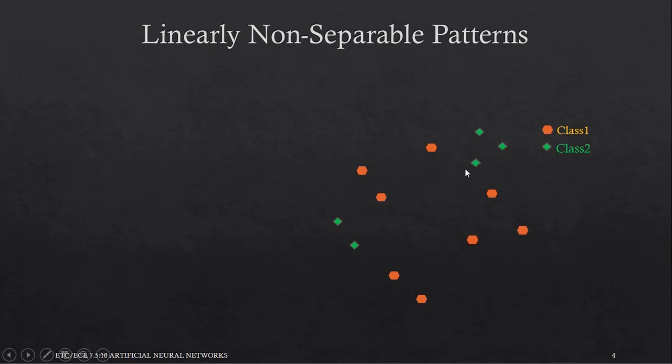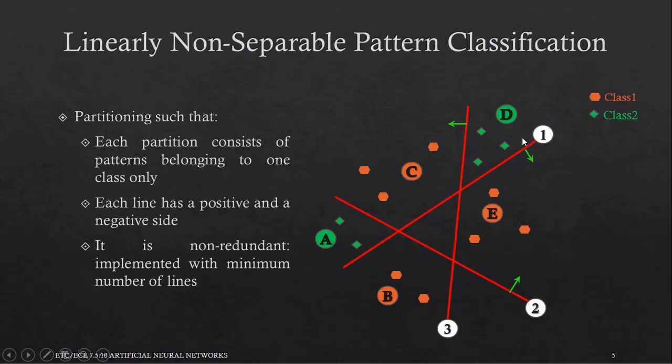Let us have these partitioning surfaces 1, 2 and 3. These partitions create compartments, and as you can see, the compartments have been created in such a way that each of them consists of patterns belonging to one class only.